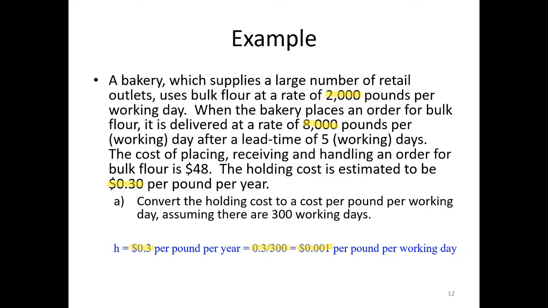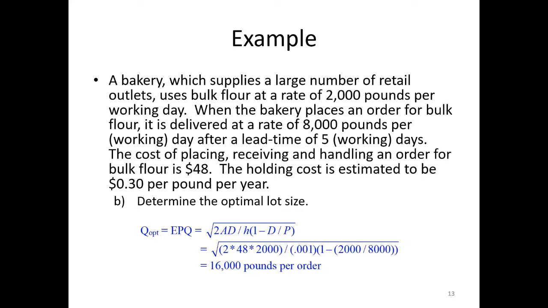Now, this value can be used directly in our model without worrying about the units that we are going to have for the value of Q star or any other calculations.